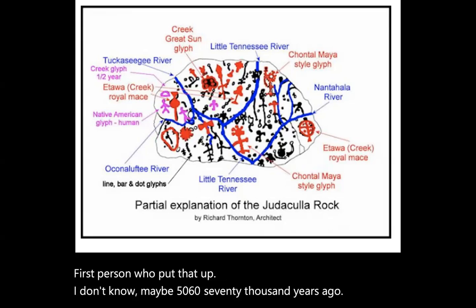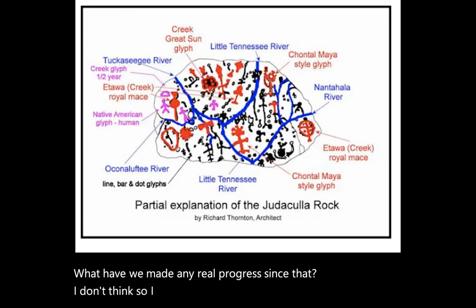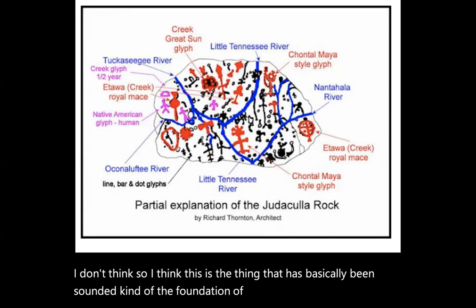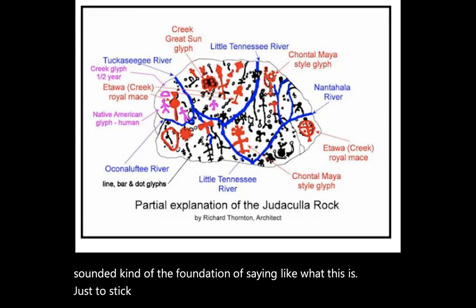Have we made any real progress since that? I don't think so. I think this is basically the foundation of saying, you know what, this is just a stick figure of a person.